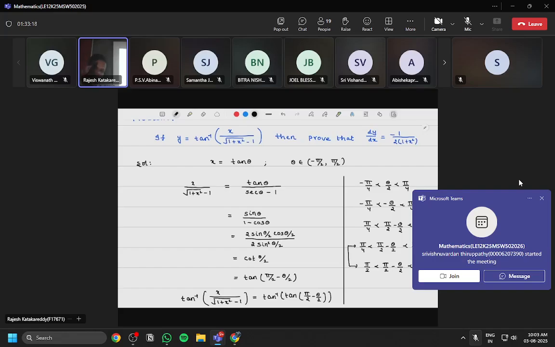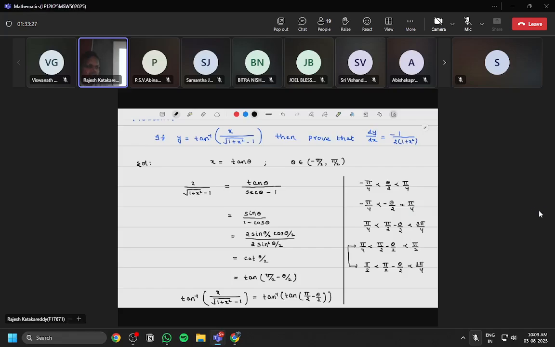If I change sides, I will have tan y equals tan x. From there, y equals n pi plus x. Clear? So that is a straight line with slope 1, and the intercept is n pi, depending upon the n value.